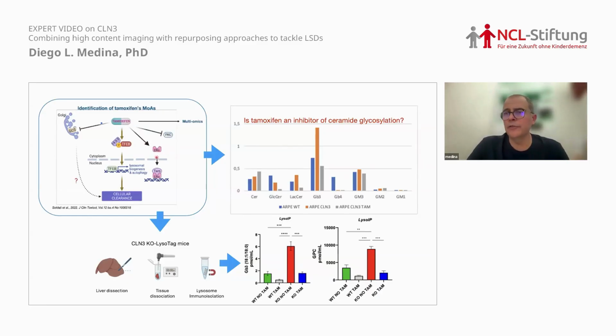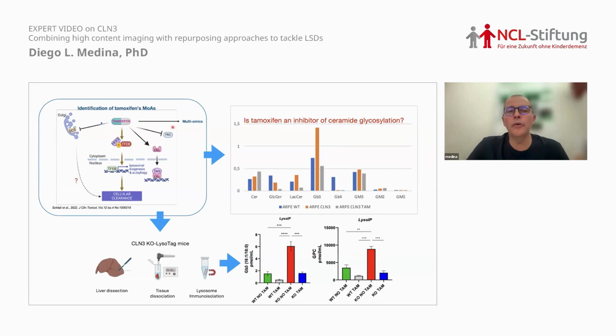We know for sure that the estrogen receptors are not involved in the clearance capacity of tamoxifen in Batten disease, because in models of Batten disease where we depleted the estrogen receptor, tamoxifen is able to promote clearance of GB3, but we would like to test other potential targets like the inhibition of the glycosphingolipid synthesis pathway by inhibiting glucosylceramide synthase. There are several reports that show that tamoxifen can inhibit this enzyme.